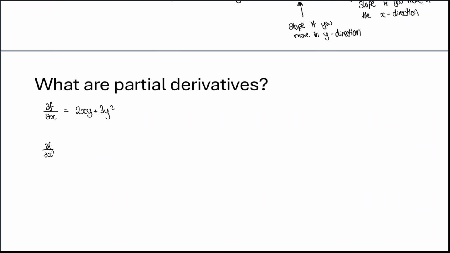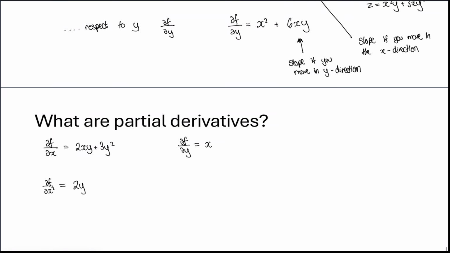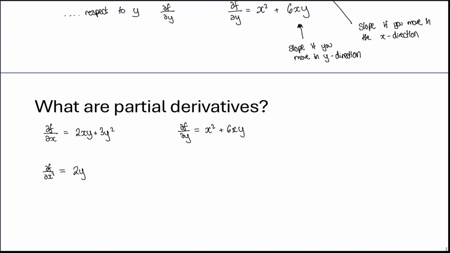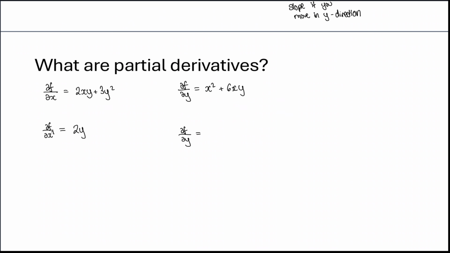Differentiating partially again with respect to x gives us just 2y, because this is just a constant as there's no x terms. If we do the same thing for when we differentiated partially with respect to y, we had x squared plus 6xy. When we partially differentiate this again, it becomes just 6x, as this is just a constant. And when we differentiate the 6xy, we are left with 6x.